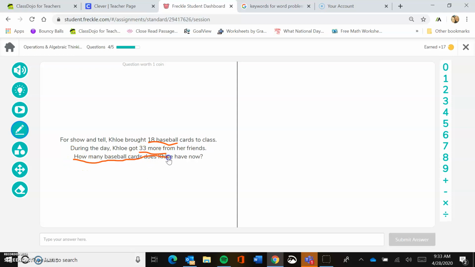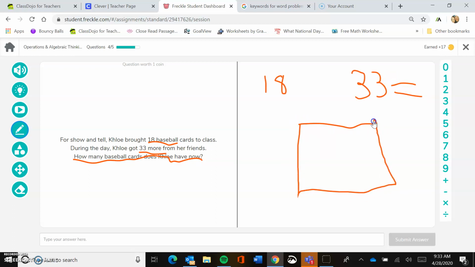How many cards does she have now? Okay, so she brought 18 with her. Then she got 33 from her classmates. And we need to figure out how many does Chloe have now?